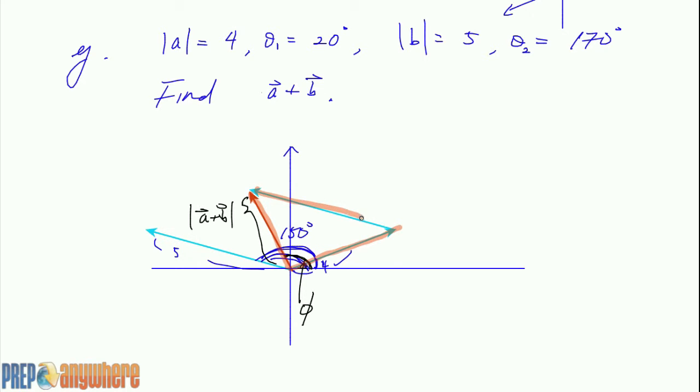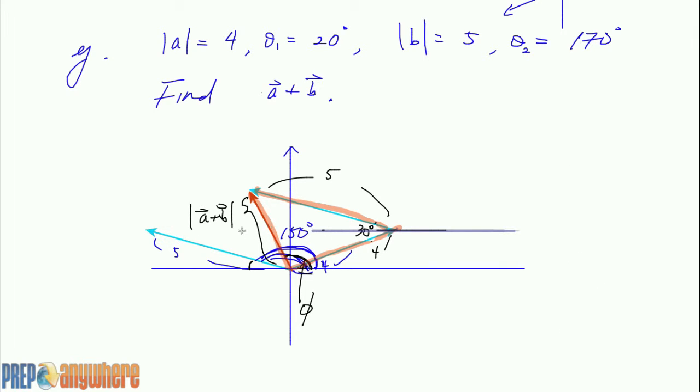I know the magnitude of the one at the top is 5. I know that this is 4. And this right here is 20, so then that will be 20. True? I know this right here is 10, so do you see that this will also be 10? 10 plus 20 makes that right there 30.